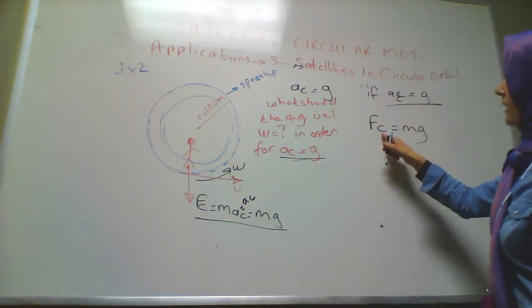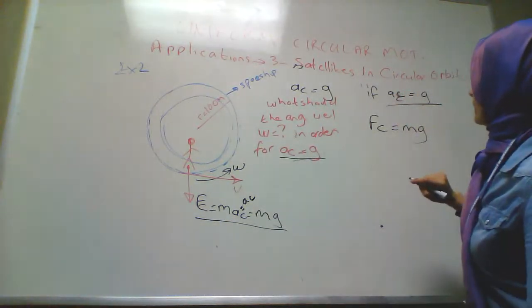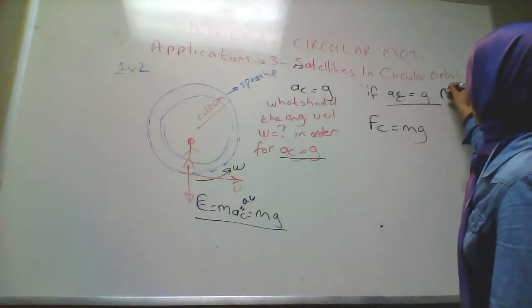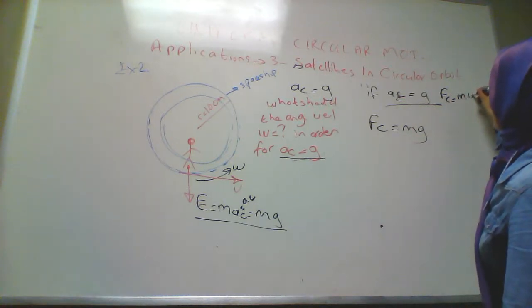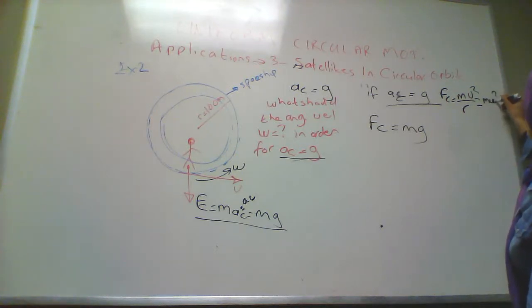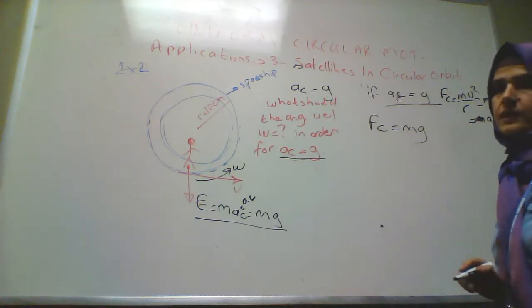So I can write this in terms of omega and r, and solve for omega. We said Fc is equal to mv squared over r, or m omega squared r. This is also equal to m times AC, all coming from the same thing.